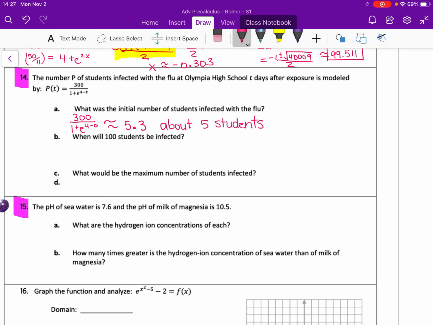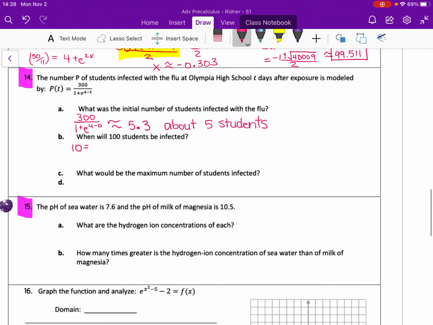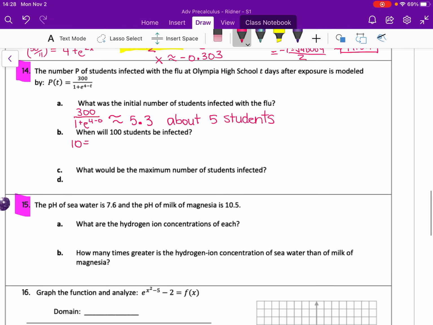When will 100 students be infected? So again, it's a when, so that means I want to know time. So 100 equals, whoops, that's not 100.